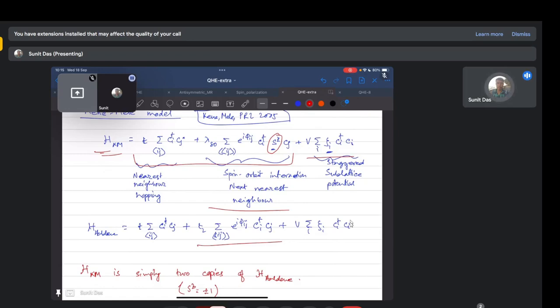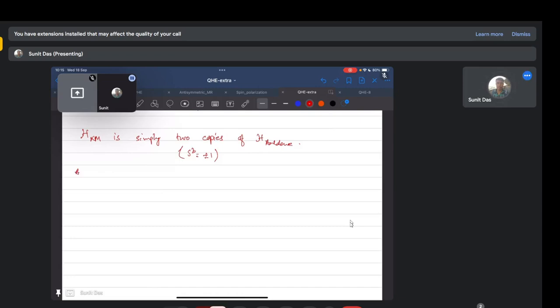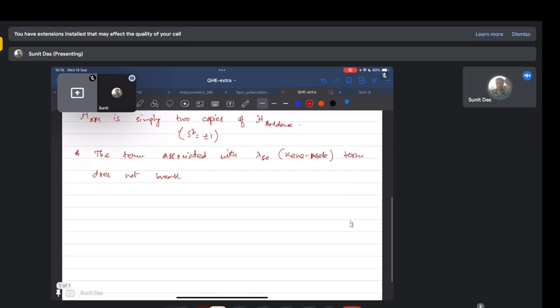And the point is this new term, the term associated with lambda so, or we call it the Kane-Mele term, doesn't break time reversal symmetry.